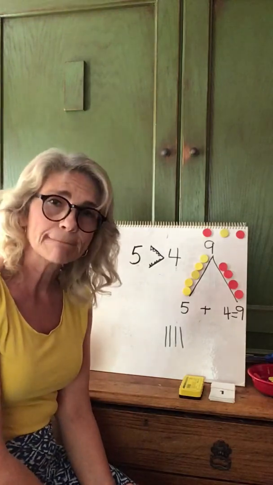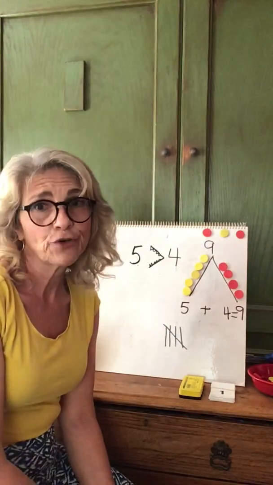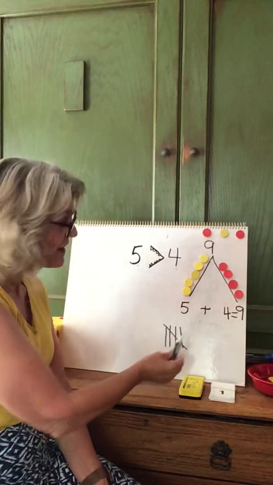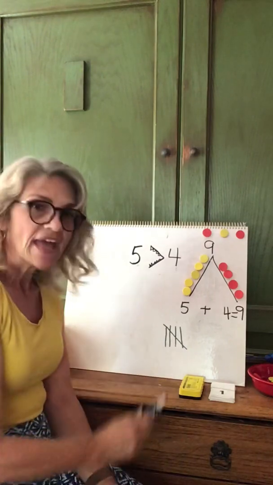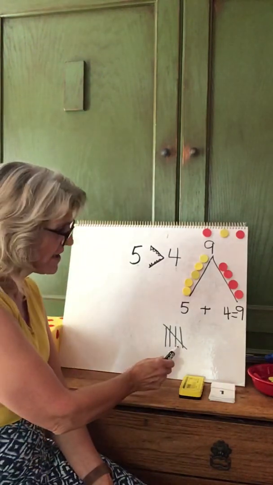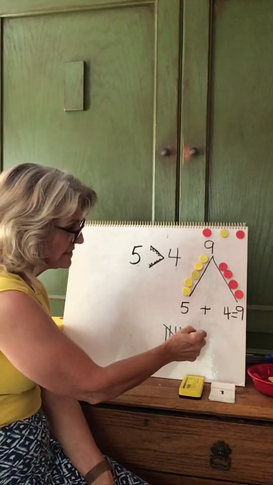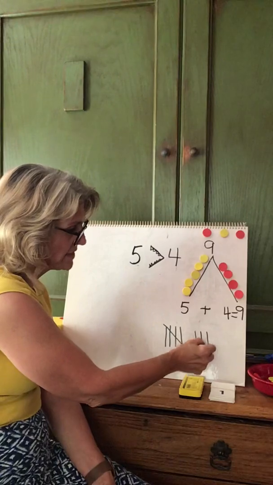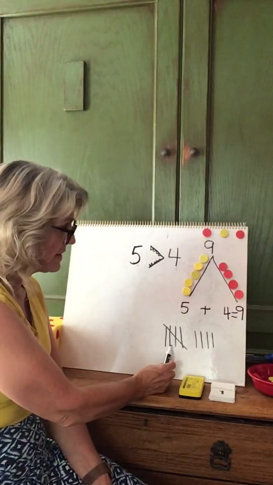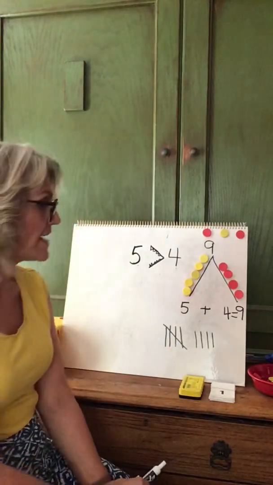But guess what? The 5th snake, he couldn't fit, so he laid on top of his brothers. So that's a tally of 5. So we have 5. And then what do we have to add to get our 9? We have 5. Then we'll add on 6, 7, 8, 9. Or we could just say 5 and 4 equal 9. So that's what it looks like in tallies.